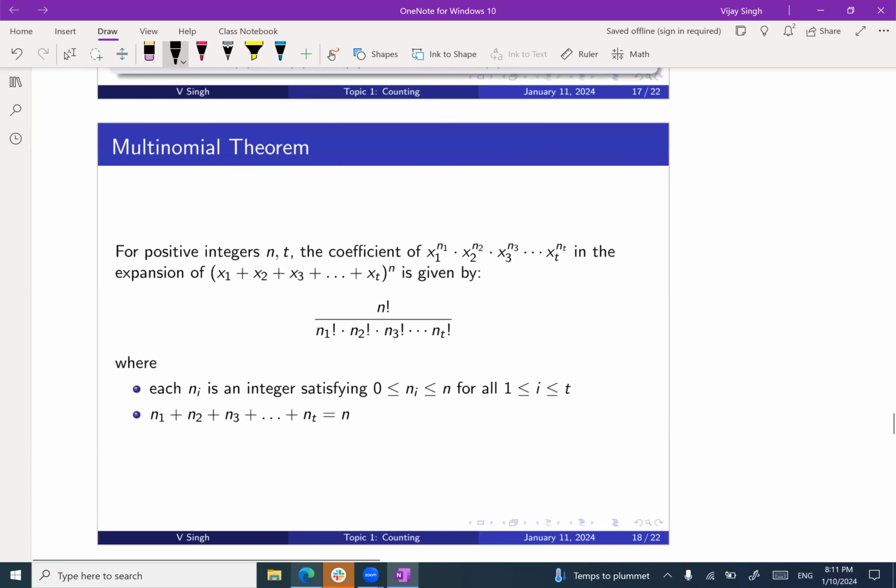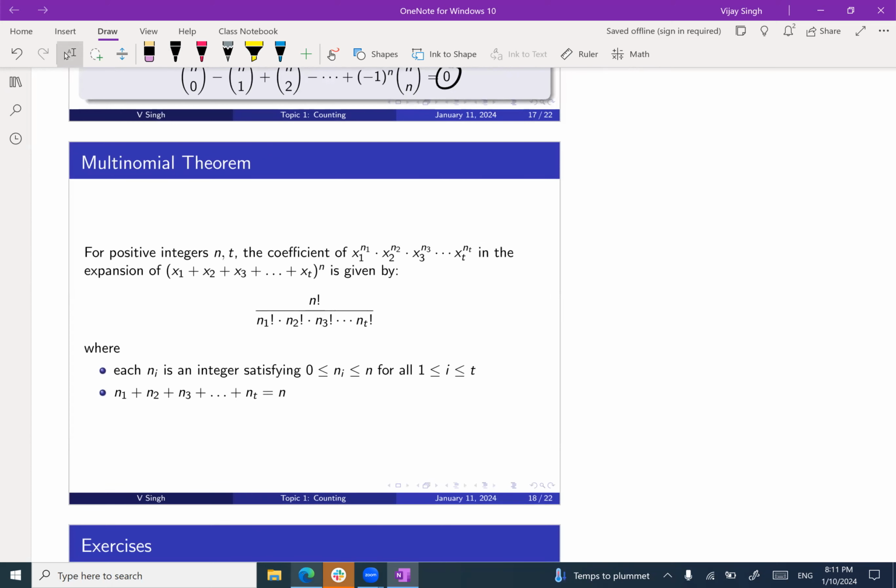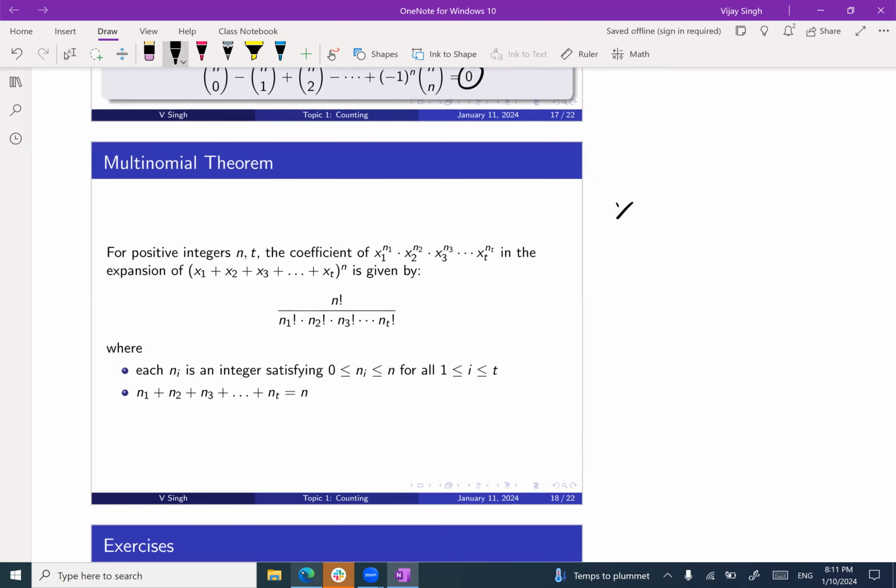Now there's a concept of multinomial theorem. So what is a multinomial theorem? Instead of having x, now we can have the same idea here. Instead of having, say, let's expand this, x1 plus x2 plus x3 to the power, say, 2 or power 3, for example.